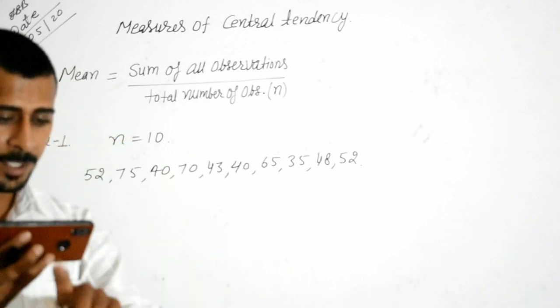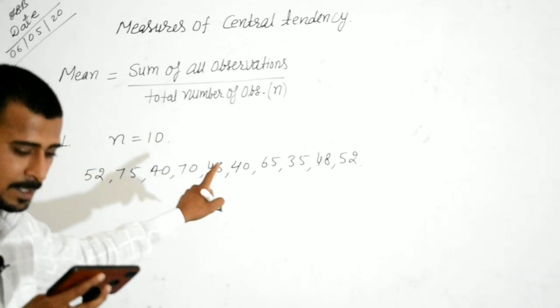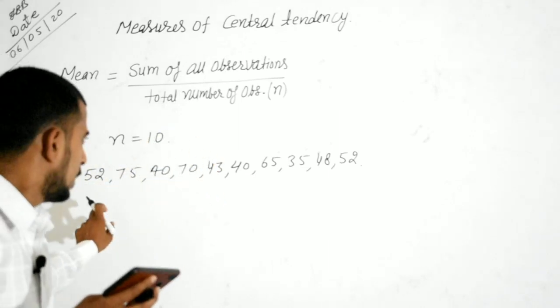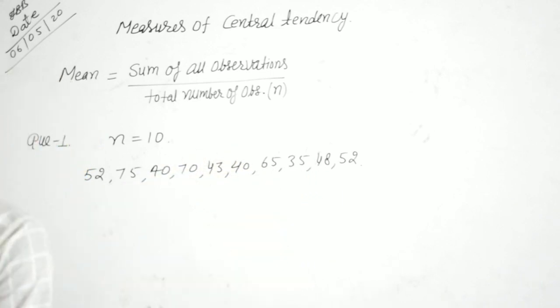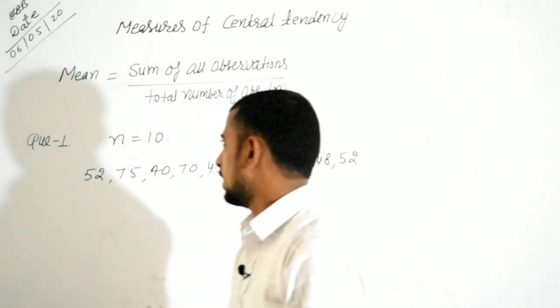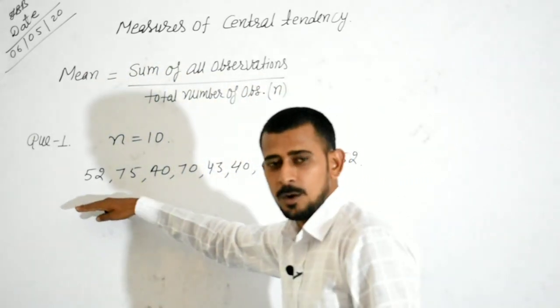Here in this question we want the arithmetic mean. Again listen to the question. Marks obtained by 10 students of a class in mathematics are these marks. Then find their arithmetic mean. The formula of the arithmetic mean is the sum of all observations, and these values are observations.